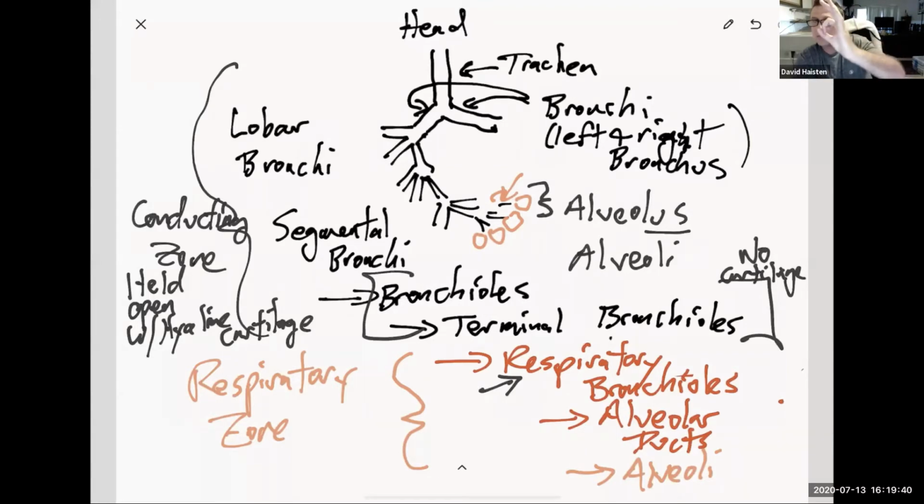Basically, your air passageways at the level of bronchioles, because there's no cartilage, that's where cartilage stops. Smooth muscle and elastic tissue. At the level of bronchioles, your airways can constrict and dilate open. Here's constriction, that's an asthmatic attack, and open.